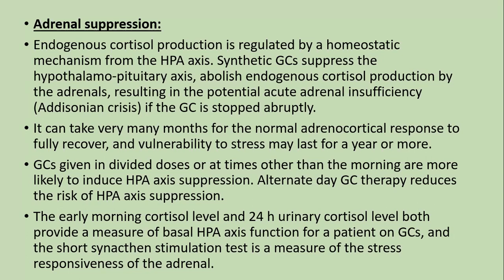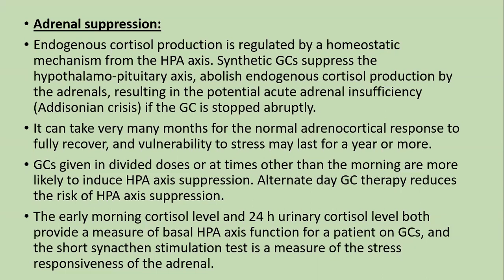Then, glucocorticoids in divided doses or at times other than the morning are more likely to induce hypothalamic pituitary axis suppression. Alternate day glucocorticoid reduces the risk of hypothalamic pituitary axis suppression. So the ideal way to give corticosteroids is once a day, as a morning dose.